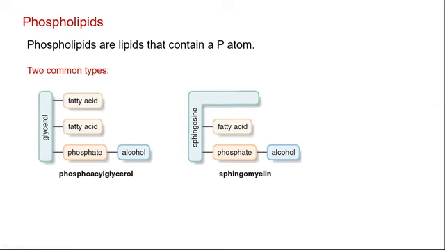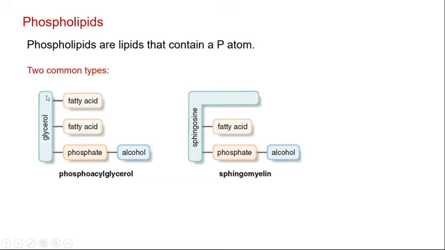Now let's come to the next group of fats, that is the phospholipids. The phospholipids, also like the triacylglycerols, are esters, but there are two types of phospholipids. One has a glycerol backbone, and the other has a sphingosine backbone.